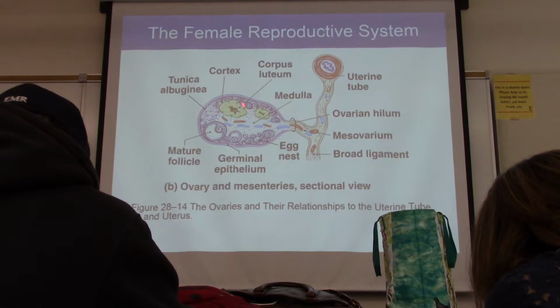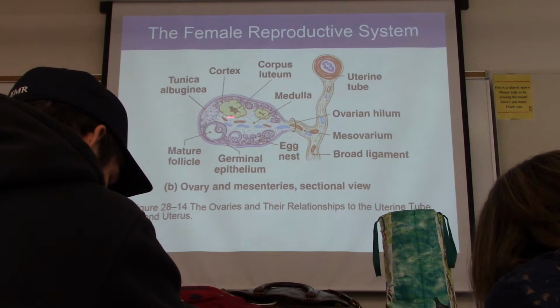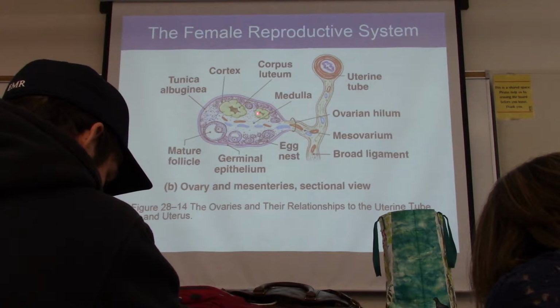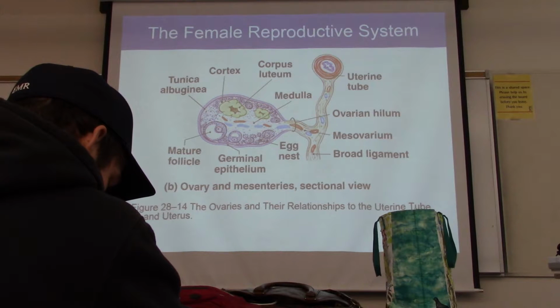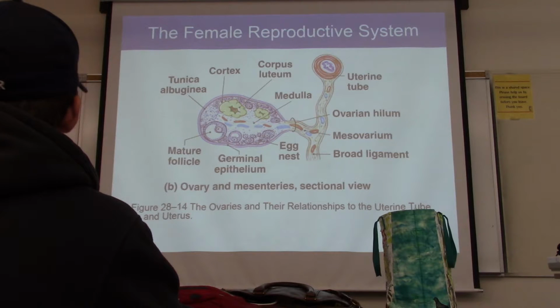As the rest of the month goes by, it turns into a corpus albicans, which is a whitish little scar thing, and then it picks another one for the next month. We'll go through the entire monthly cycle with you very carefully.